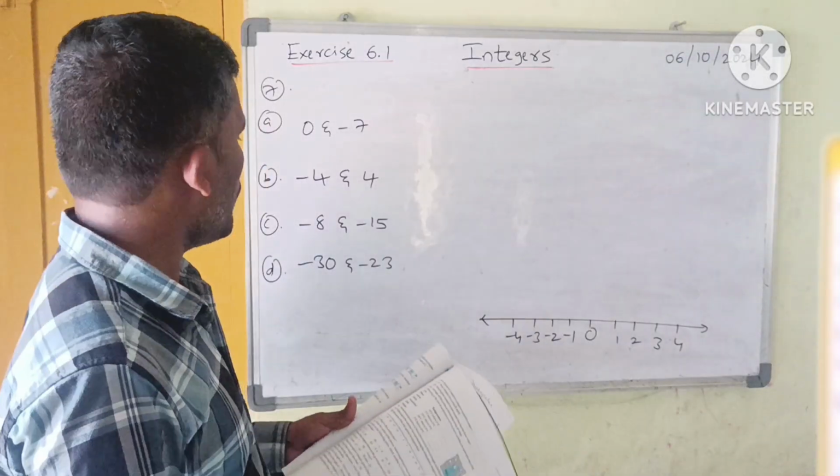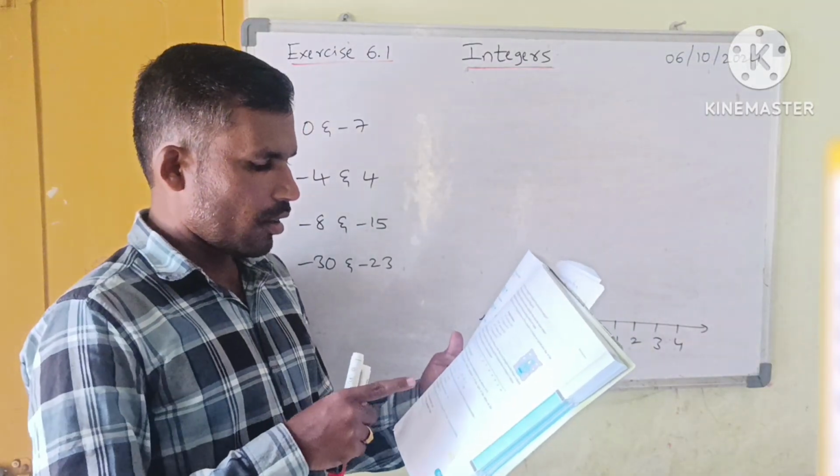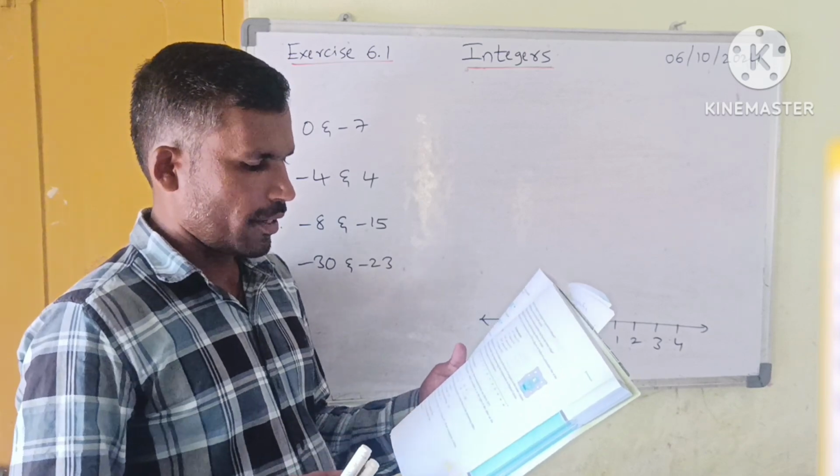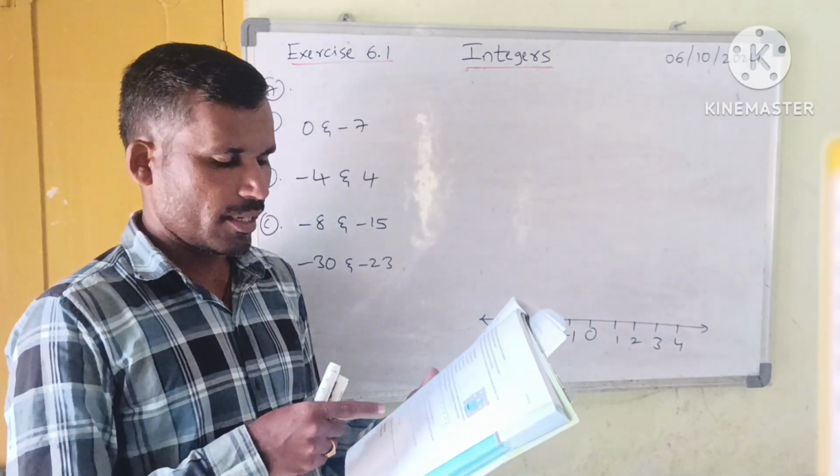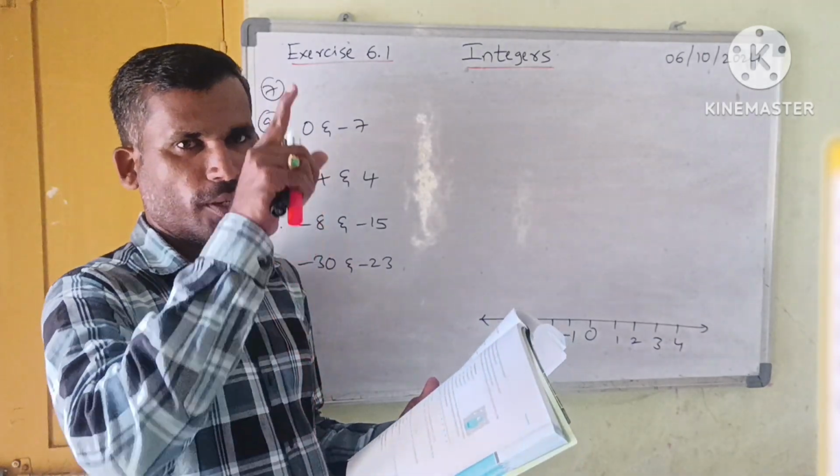Okay, next problem, 7th. Write all the integers between the given pairs and write them in the increasing order. Increasing means small to big.